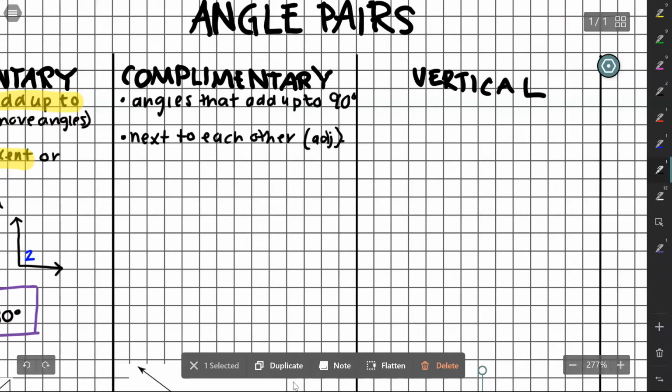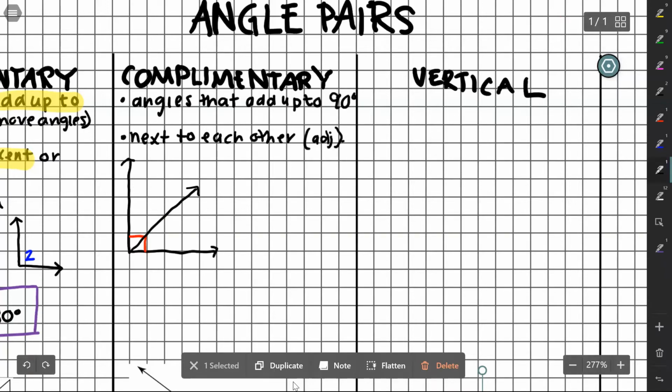Alright, so I'm going to draw out a right angle. And for us to know that it's a right angle, we always want to look to see that it has this box in the corner. I'm going to draw it in red because you can't really see it. So if you have that box, you know that it means 90 degrees.